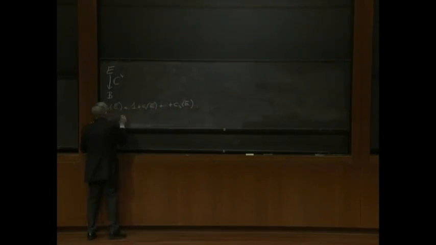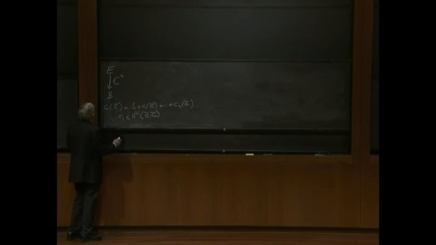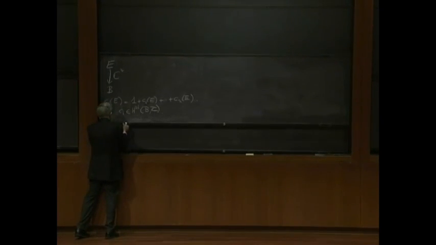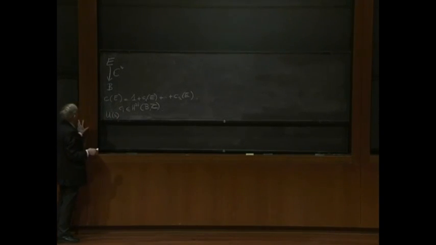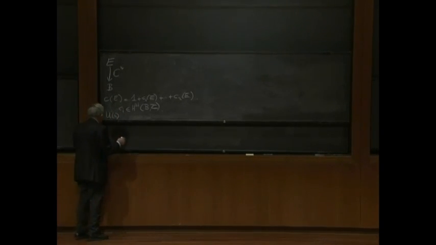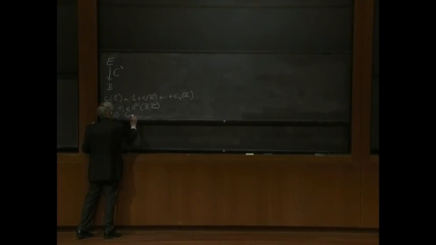And the i-th Chern class is an element in the 2i-th cohomology of B with integral coefficients. Now we can always assume that we have here the structural group Un, a unitary group, and this unitary group then allows us also to have a Hermitian metric in all the fibers.